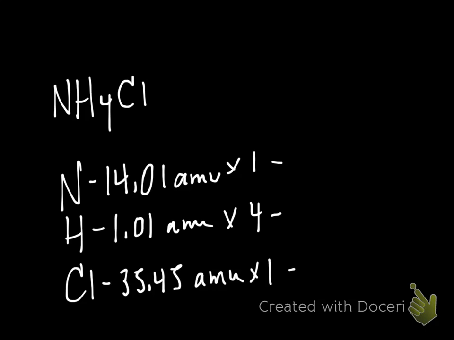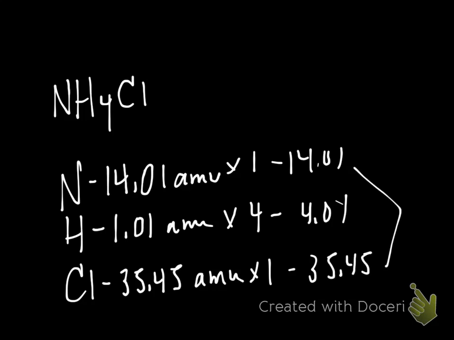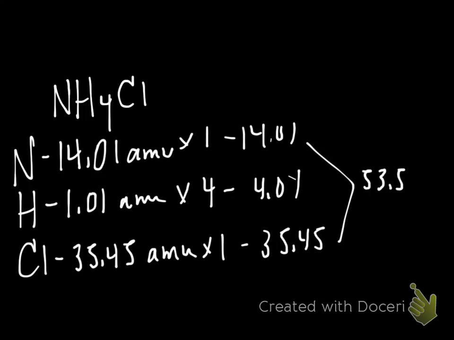And I tend to jot down my little note to myself here, 14.01, 4.04, 35.45, and then 14.01 plus 4.04 plus 35.45, 53.50. So one formula unit of ammonium chloride has a mass of 53.50 AMUs.